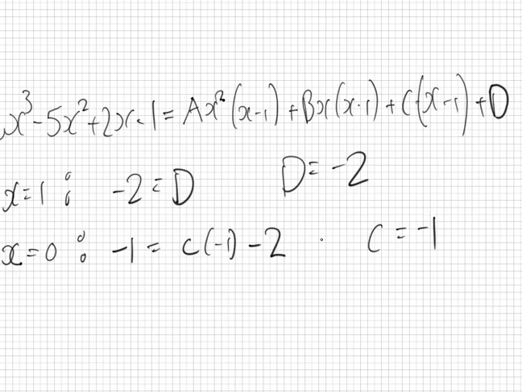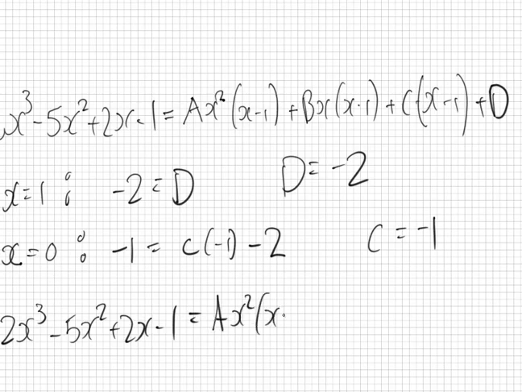So we know that 2x cubed minus 5x squared plus 2x minus 1 equals ax squared times x minus 1 plus bx times x minus 1 plus c plus d.